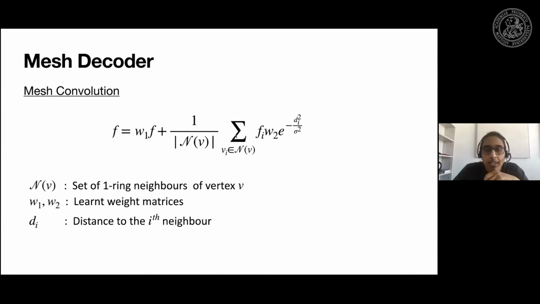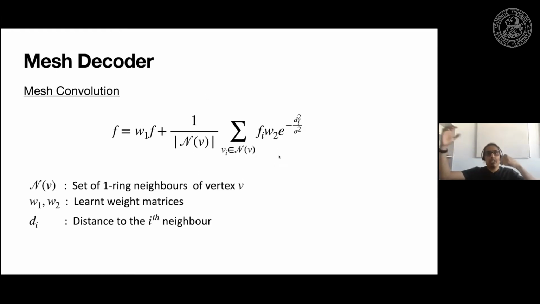This NV is the set of neighbors of V, and we have this second term that accumulates information from the neighborhood. This accumulation of information from the neighborhood of vertices is very important. If you get rid of this term, Voxel2Mesh does not work. In my experience, maybe you can define a much different convolution and get it working, but so far this second term has been crucial.